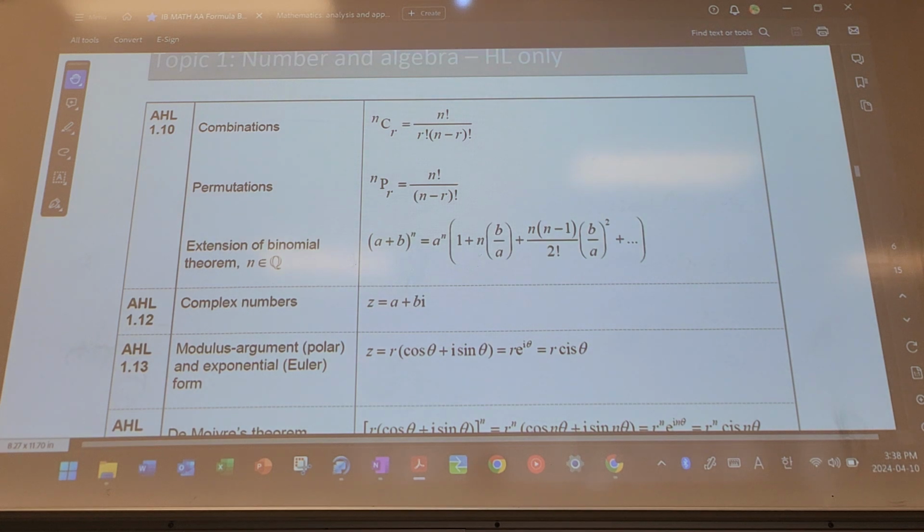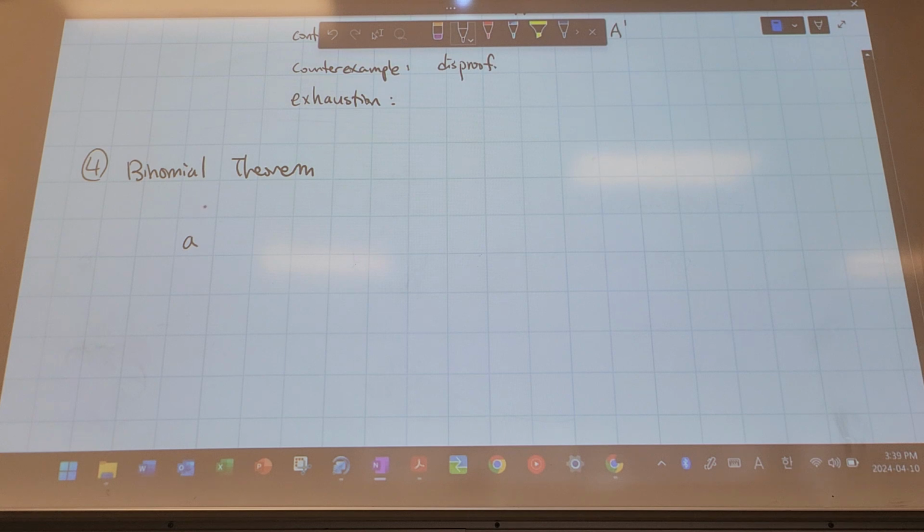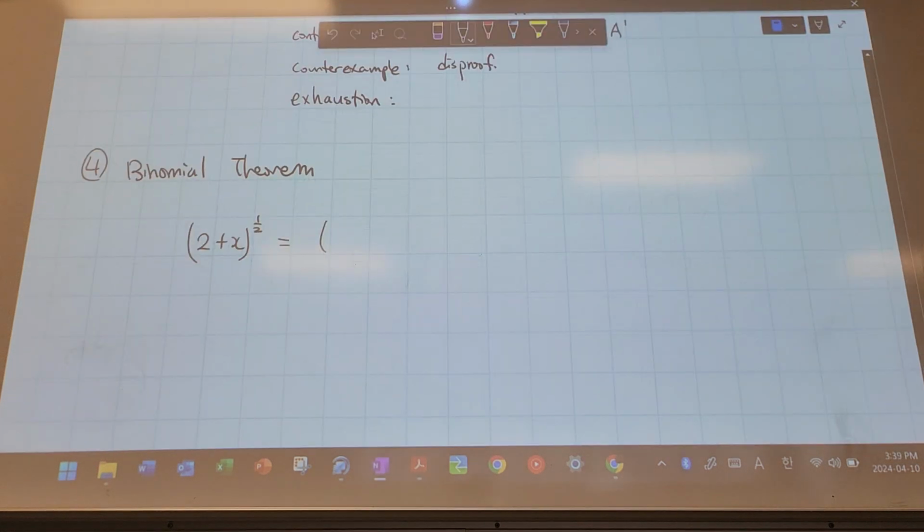But we try to represent that binomial theorem as, for example, if you have (2 + x) to the power of 1/2, what I suggest is you try to make it so that we're doing 1 + x/2 or something like this.